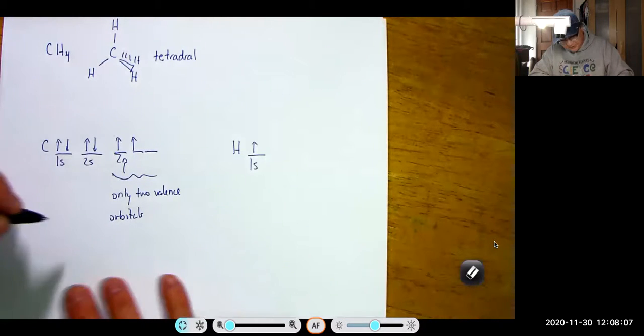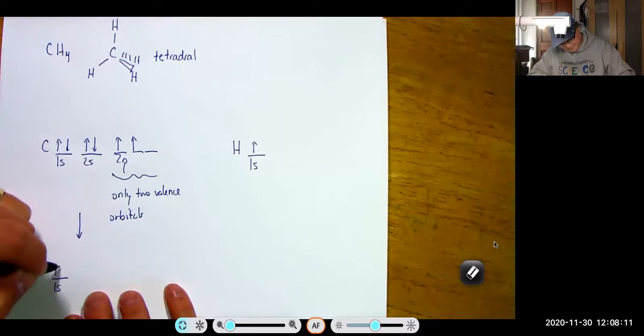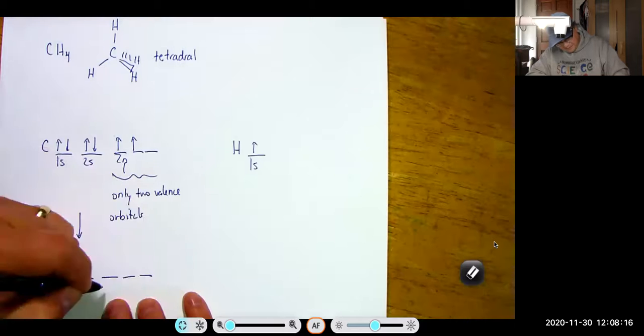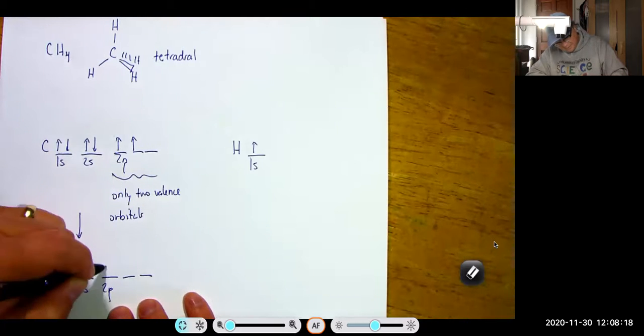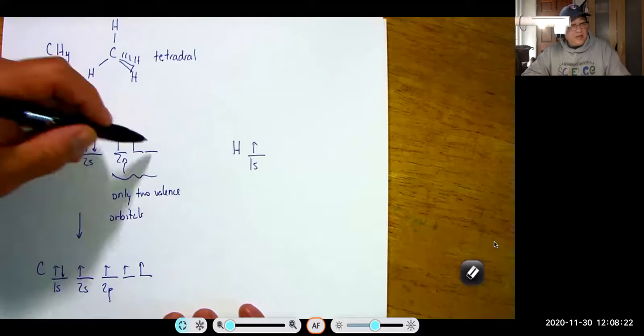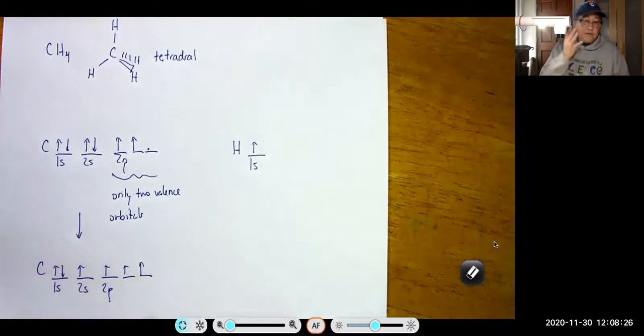But someone said, you know what, maybe this is what happens. We're going to take one of these electrons and stick it in a 2p orbital, and that way we can get 4 bonds.